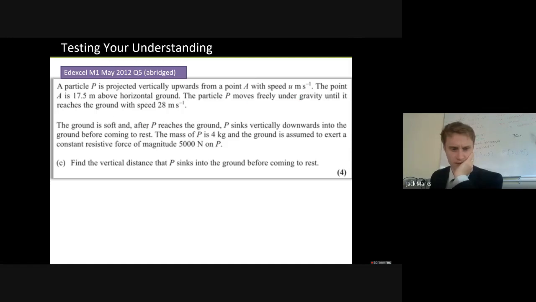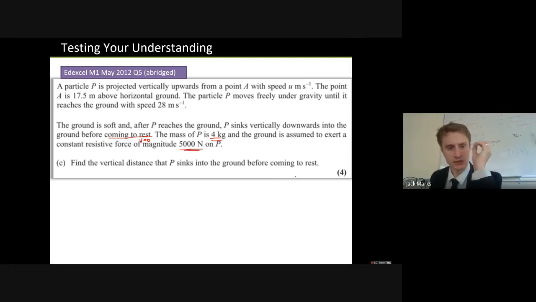the ground is soft. After P reaches the ground, it sinks vertically downwards into the ground before coming to rest. Coming to rest sounds like a v equals 0. Mass is 4. The ground is assumed to exert a constant resistive force of 5,000.